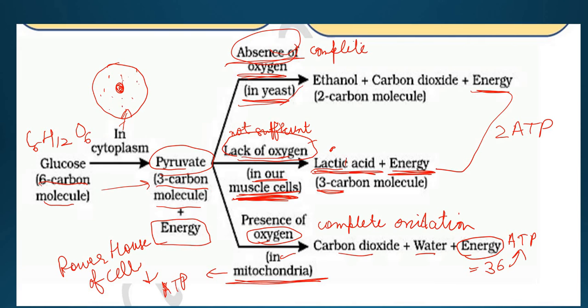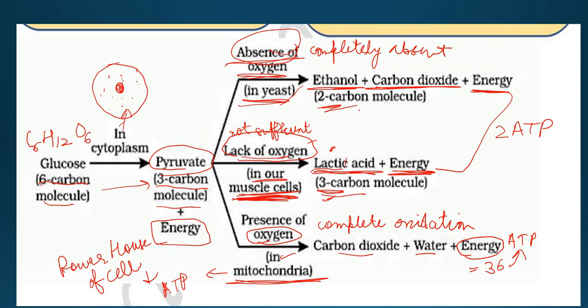Here in absence of oxygen, it is completely absent. When oxygen is completely absent, then we get formation of ethanol and carbon dioxide, and energy is again released. Ethanol and lactic acid, they both are carbon molecules, but ethanol is a 2 carbon molecule, and this is your lactic acid.